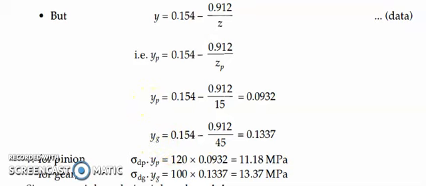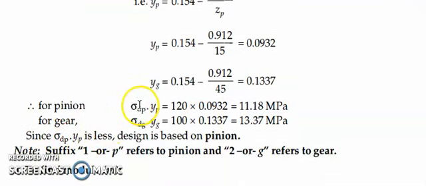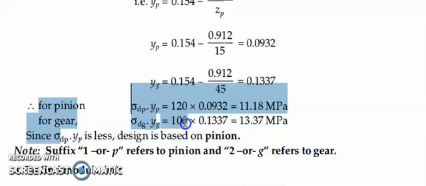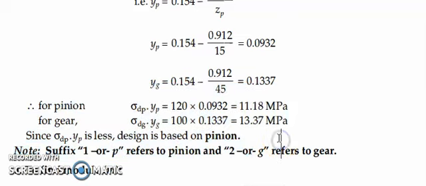Then for the strength factor, for a pinion and for a gear, you can find the value of sigma d into y, also sigma d into y for a gear. So you will get two values: one is 11.18 megapascal and another one is 13.37 megapascal.